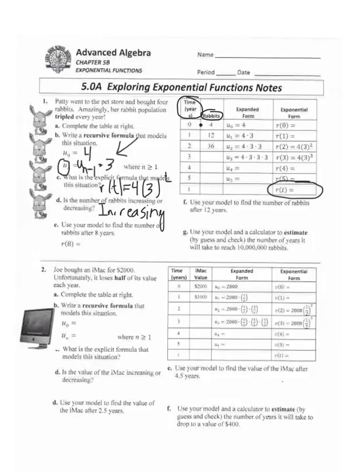So we're going to just substitute 8 for t. 4 times 3 to the 8th. When you put this into your calculator, make sure you do 3 to the 8th first, and then multiply that by 4.